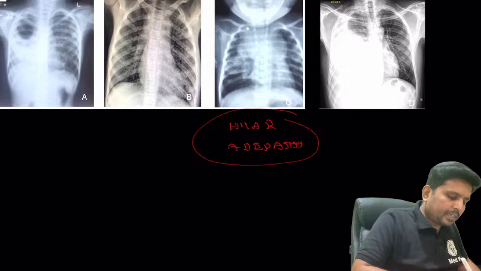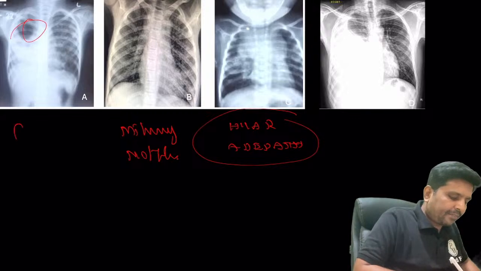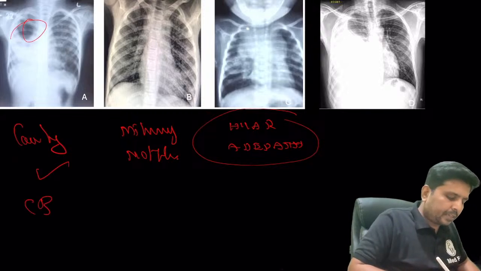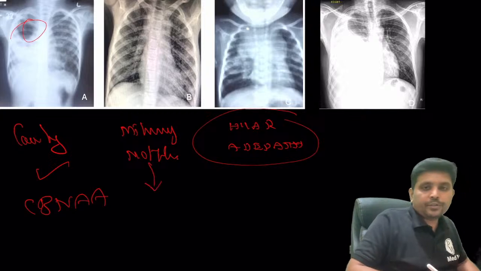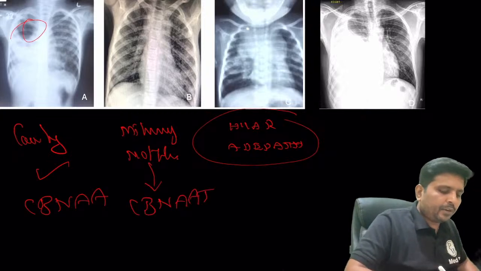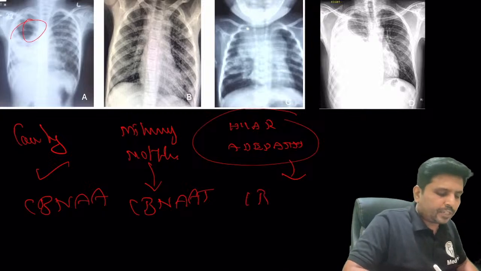And what is this? This is nothing but miliary mottling. And this is a cavity. So do CBNAAT. When you see miliary mottling, do CBNAAT. When you see hilar adenopathy, do CBNAAT.